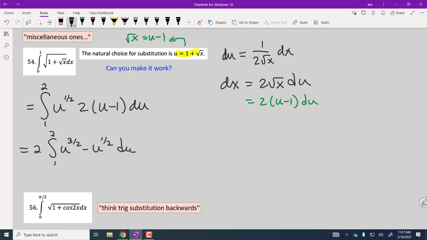So u to the 1/2 times u to the 1, u to the 1/2 times -1. Power rule will work for both of those instantaneously. So this will be 2 times the quantity, u to the 5/2 times 2/5 minus u to the 3/2 times 2/3 from 1 to 2.